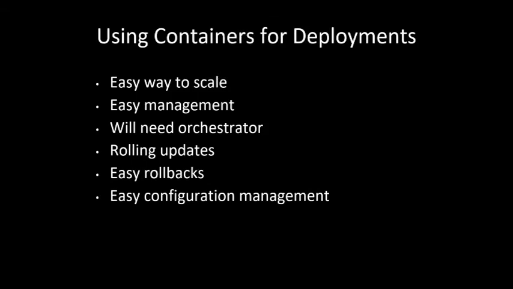Configuration management is also quite easy with this because you can basically define it once and roll that out. And the theory behind microservices is that you remove as many dependencies as you possibly can.